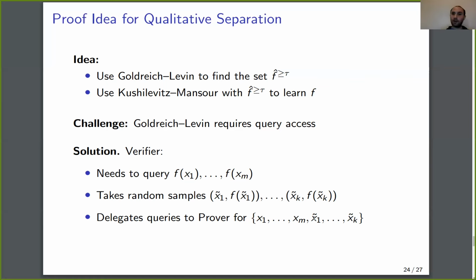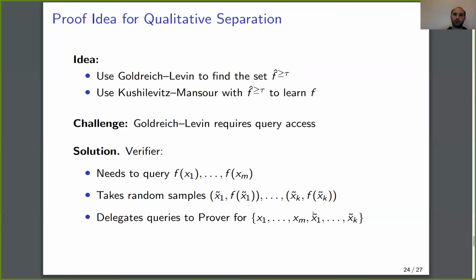You're going to provide incorrect answers for some of them. And then the verifier, who knows the correct answer, will know that the prover is cheating and will know it needs to reject the interaction. So that's basically the idea of this qualitative separation.